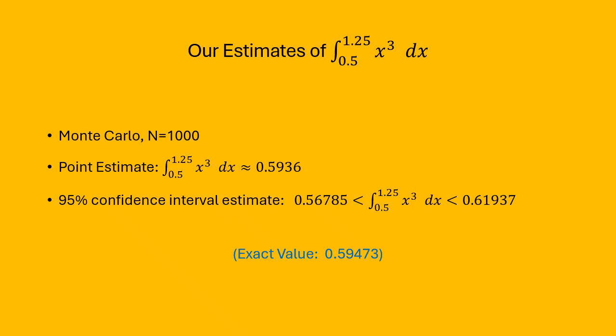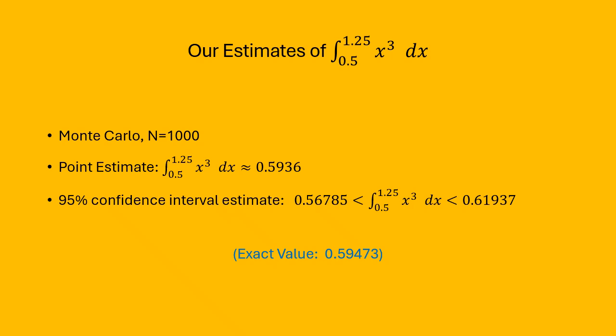We would expect to get an exact value within the computed limits about 95% of the time. Once in a while, when you run that program, you will get a point estimate that is so far away from the exact value that it will not actually be in the interval estimate.